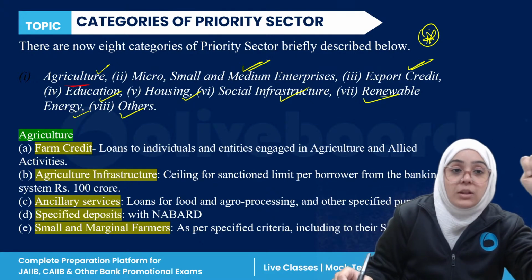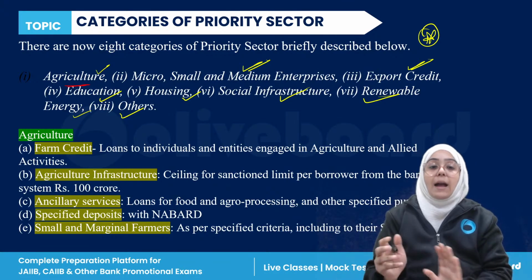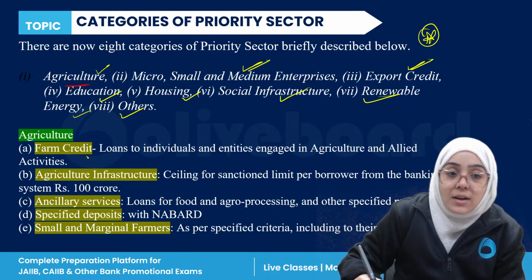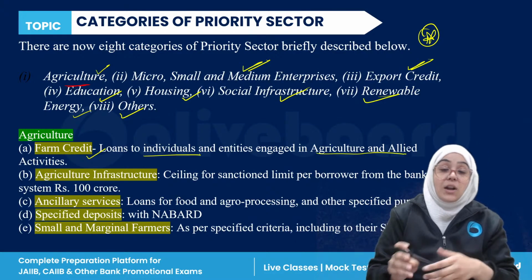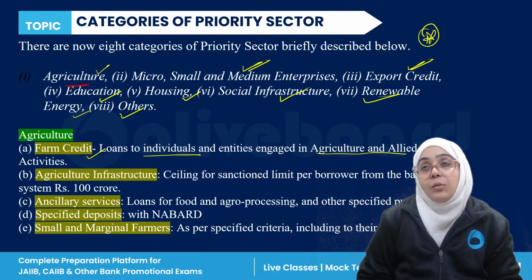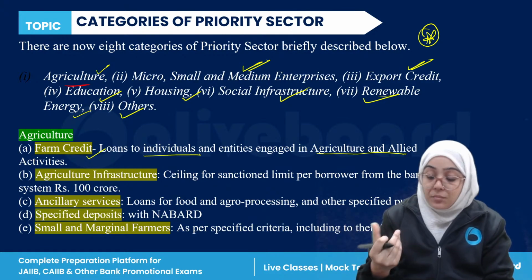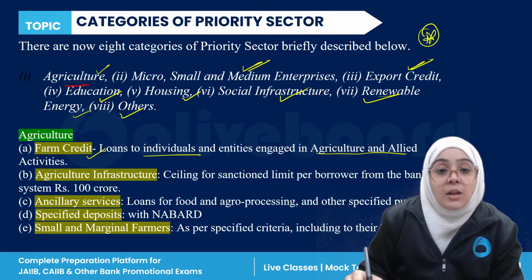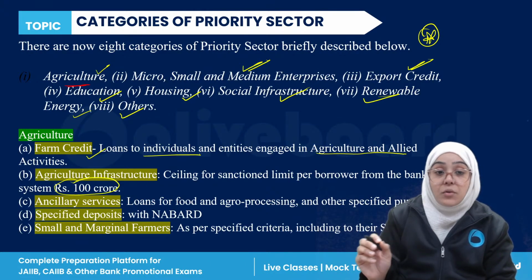Now, if we talk about agriculture, it includes farm credits, which are loans to individual entities engaged in agriculture and allied activity. Agriculture and allied activity means that which is related to fishing or farming, etc. For agriculture infrastructure, the sanctioned limit is 100 crore.